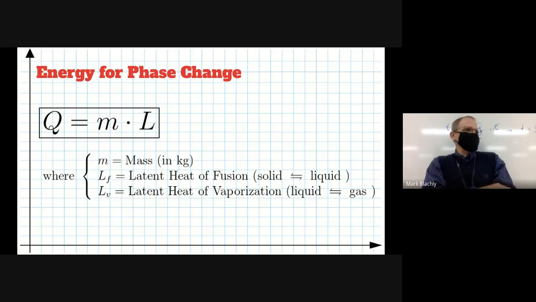So Q equals M times L tells you how much heat you need to change the phase. M is the mass, L is a constant we're going to look up in a table. Don't worry about the different things down here. I'll talk about those in a second.